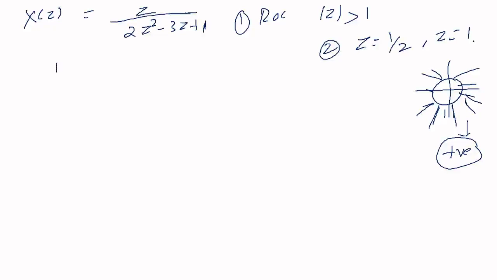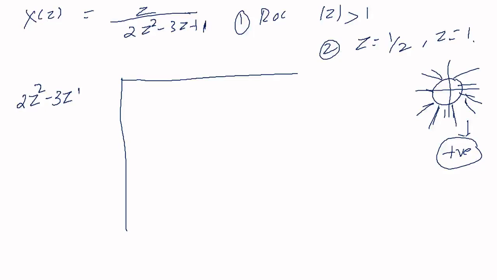So that is the reason I am going to write the long division method like this: 2z square minus 3z plus 1. If it is a negative series, how would I write the coefficients? 1 minus 3z plus 2z square.